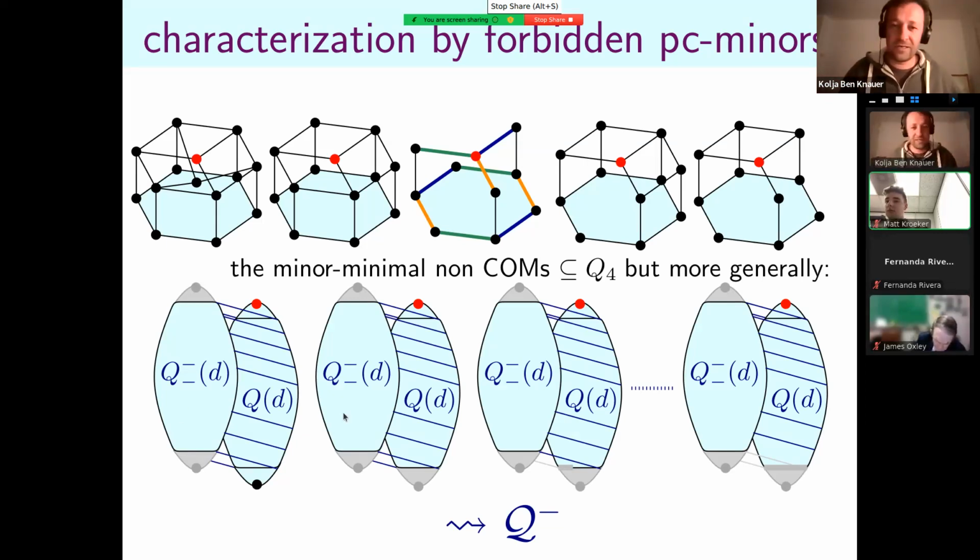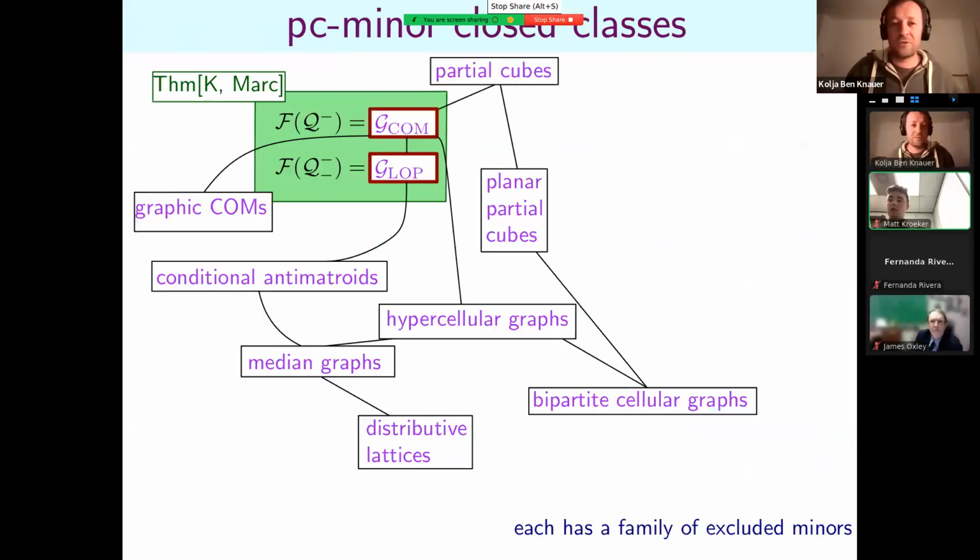This then gives exactly the class of minimal obstructions for this class. So a second characterization describes tope graphs of COMs by excluding some partial cube minors. I mean, this is an infinite family.